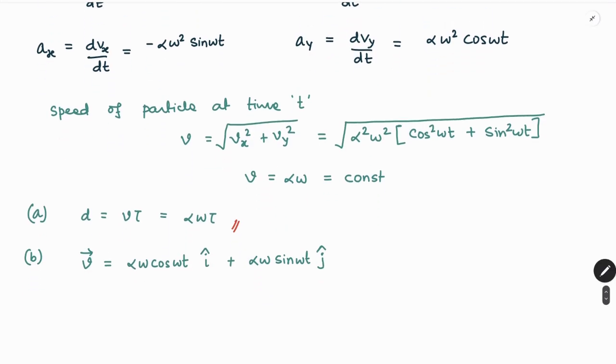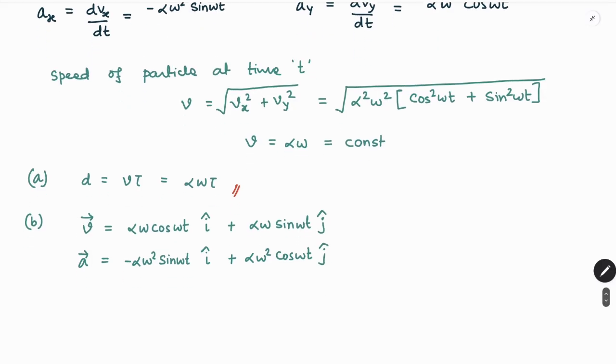And a vector is written as minus alpha omega square sine omega t i cap plus alpha omega square cos omega t j cap.